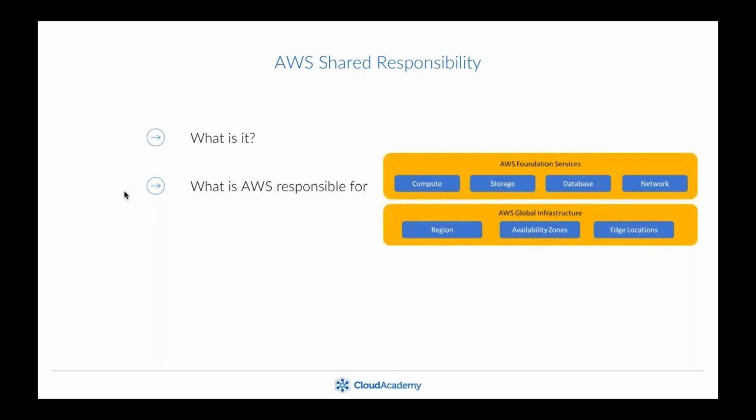So moving on to the AWS Foundation services, such as compute, storage, database, and network, they operate a certain level of security on each of these components as well. If we take a look at compute, for example, they will manage the security of the actual physical host up to the hypervisor, and that's where they'll stop at that level. Anything on top of that then becomes our security issue.